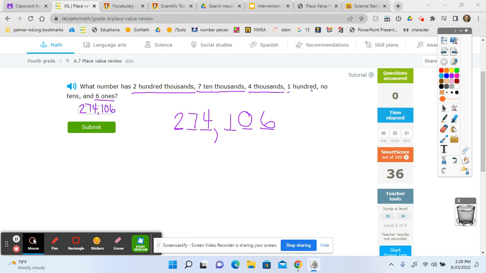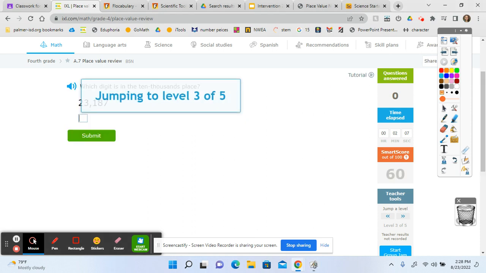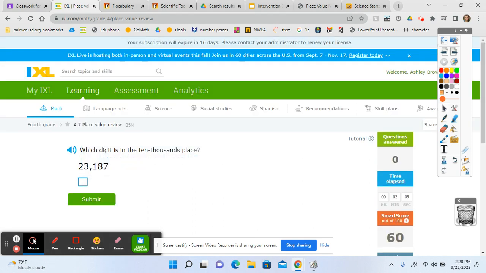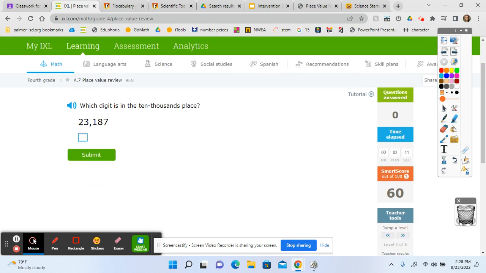Okay. There are a couple more types of questions that you're going to see. Here's the next type right here. What digit is in the 10,000s place? So we're just looking for what's in the 10,000s place. In this case, it's ones, tens, hundreds, 1,000, 10,000.